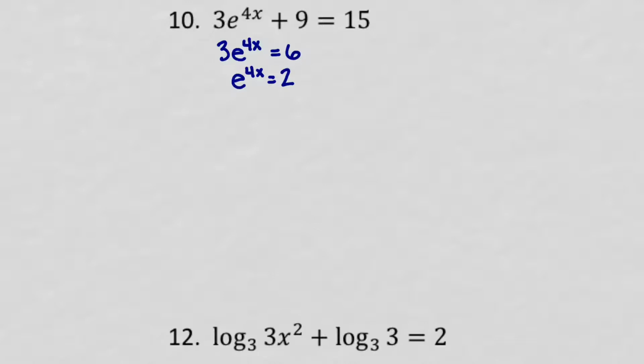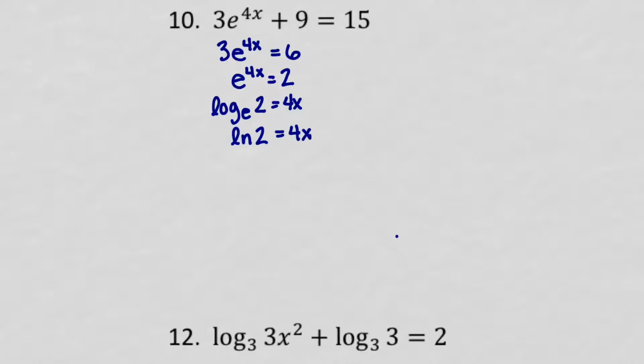So we're going to take a log of both sides, or change this to the logarithmic form. So this is log base e of 2 equals 4x. Log base e is the same thing as saying natural log.